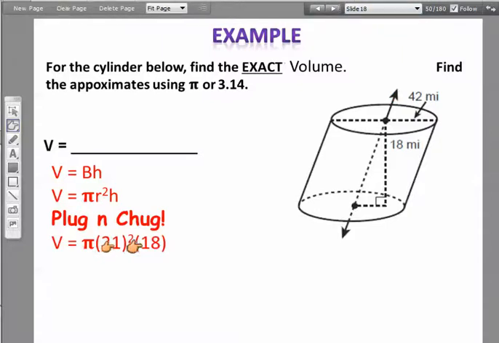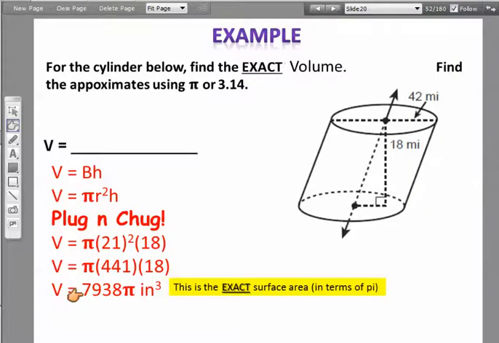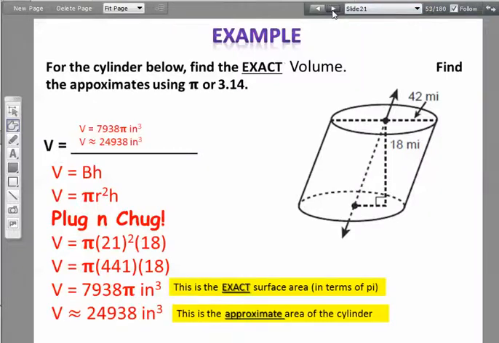So I got 21 squared times 18. 21 squared is 441. First I want to find the exact, so I'm going to say 441 times 18. That gives me 7,938 pi inches cubed, or that should say miles, sorry. So this is going to be the exact volume of this oblique cylinder.